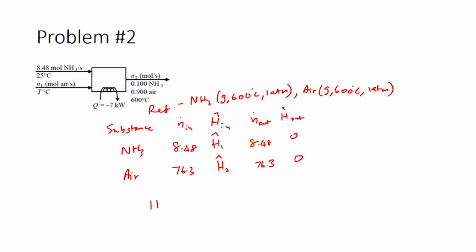H1 cap would be equal to the integral from 600 degrees Celsius to 25 degrees Celsius of Cp of ammonia dT. This would be a numerical value which you can calculate. Using the Cp value of ammonia, this can be calculated as minus 25.62 kilojoules per mole.